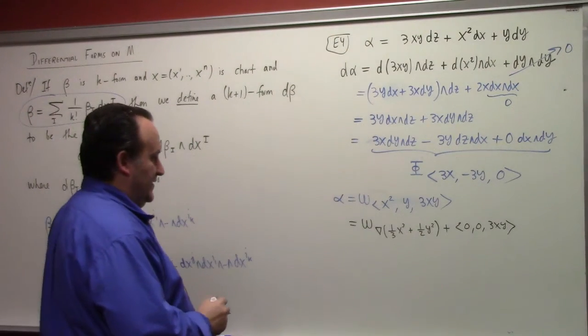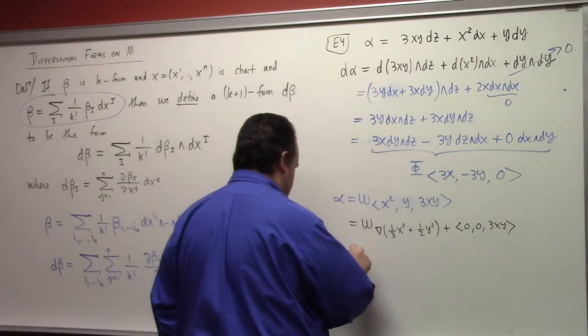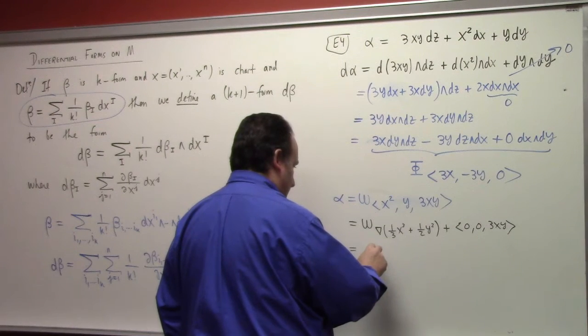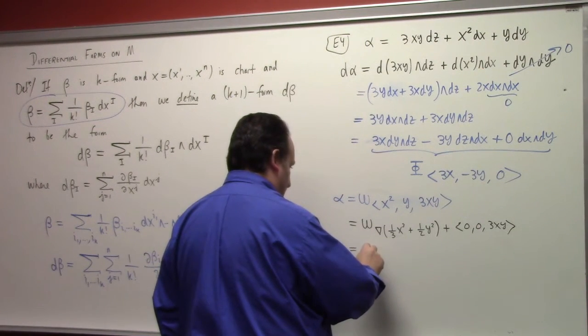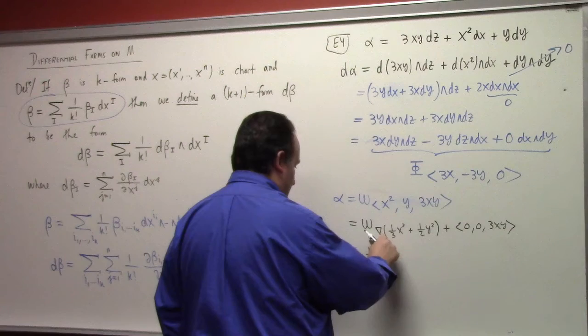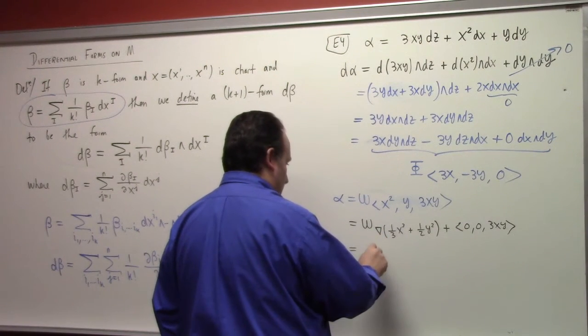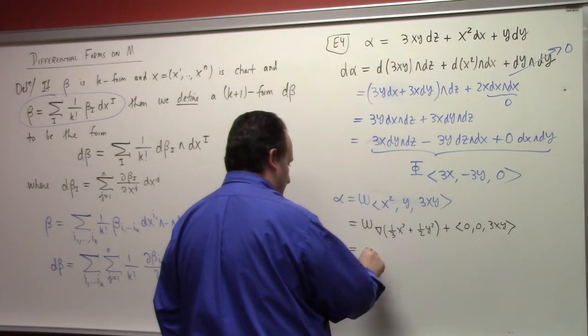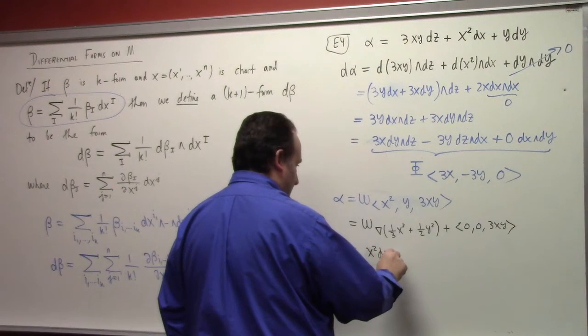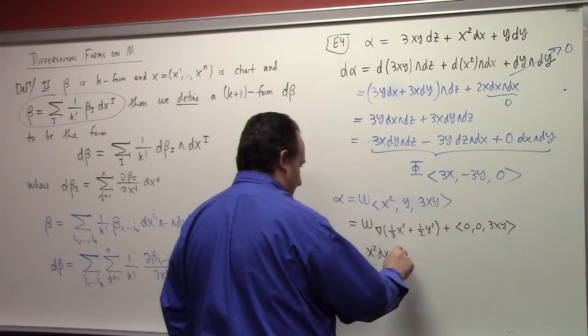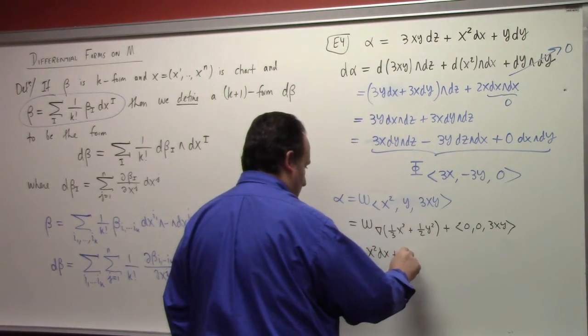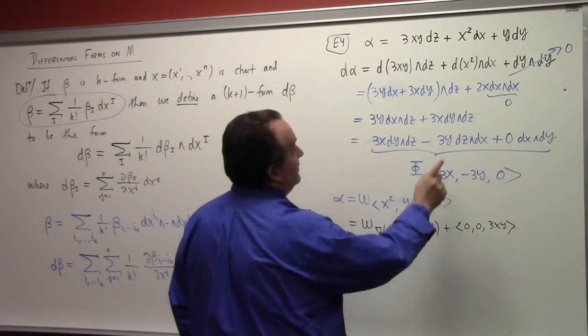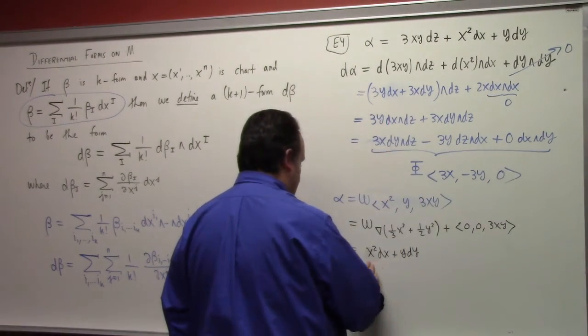The kind of interesting thing is, of course, that would be 1/3, excuse me, that would be the x squared dx plus y dy, which I had up there, right?